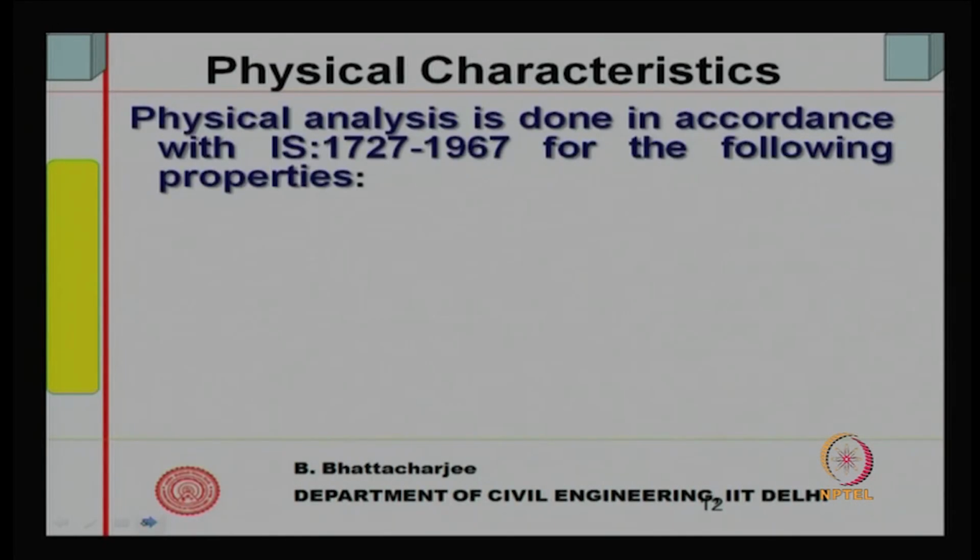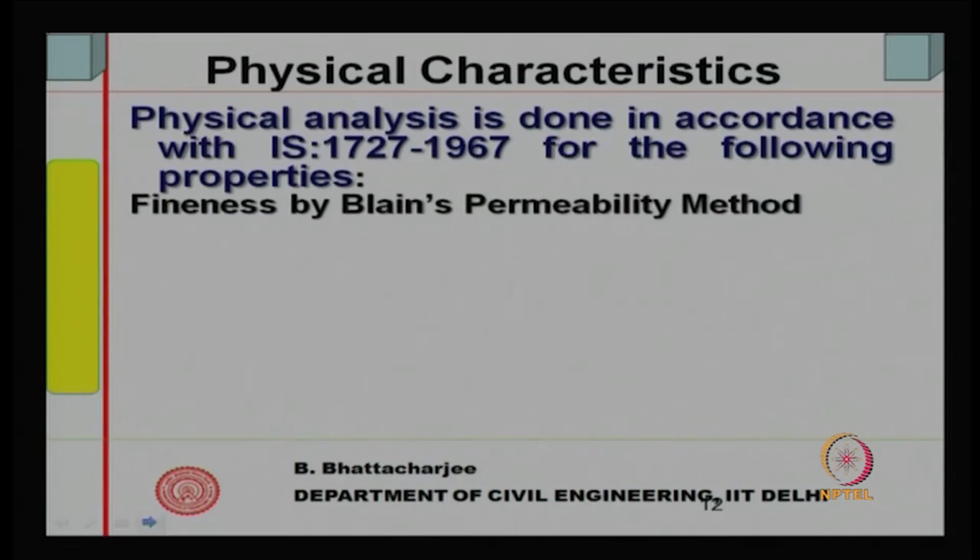So, let us see physical characteristics. In the Indian scenario, the code that is available is IS 1727 1967, and the following properties we can test. Fineness is measured by what is called Blaine's permeability method. I think we discussed this when we were talking of cement.